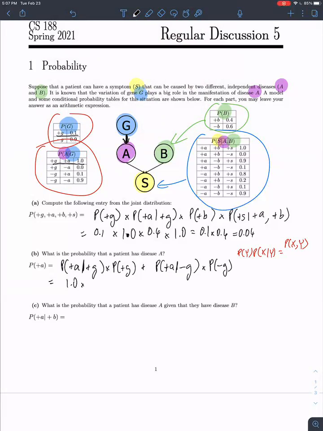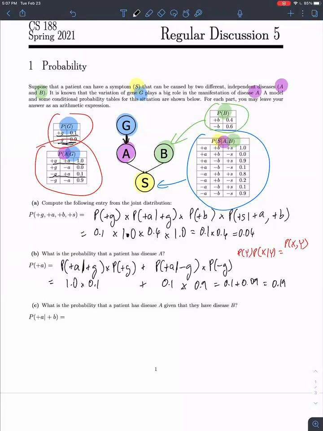That's 0.1. Plus the probability that you're positive A given that you're negative for G. That's the negative G positive A term in this table, and that's 0.1. And what's the probability that you're negative for G? That's 0.9. So that's 0.1 plus 0.09, which is 0.19.